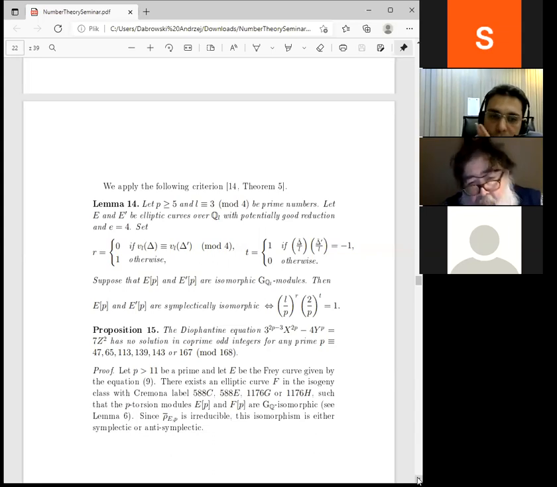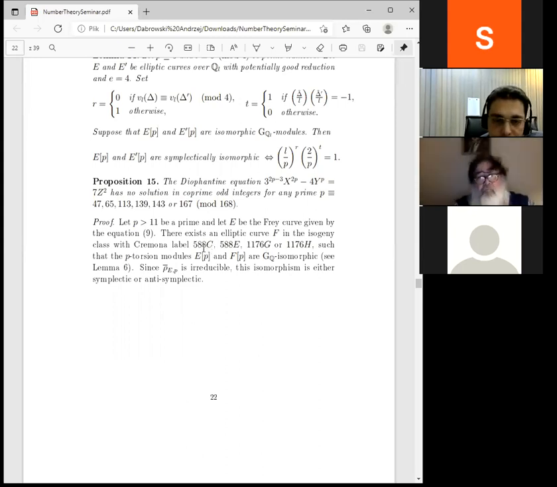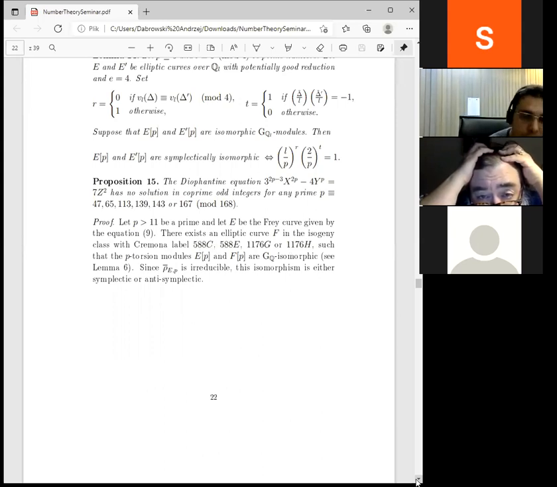The idea is that we have a symplectic isomorphism between the mod P representation of the Frey curve and two of the curves which we have. Yes, here four curves. There are symplectic isomorphisms with two of these, because we can prove that all isomorphisms are symplectic.